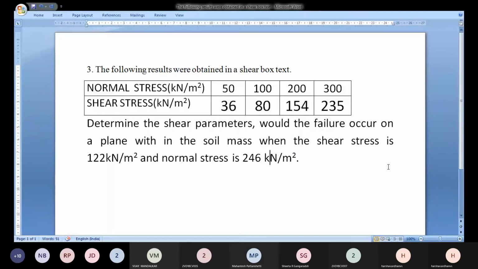If you have copied the question, just draw the graph like in the previous case. Here also the maximum value is 300. Please draw the graph. If you already have graph sheet, start marking. If you don't have, you can draw the graph using scale and pencil.